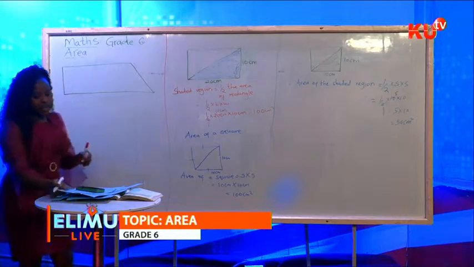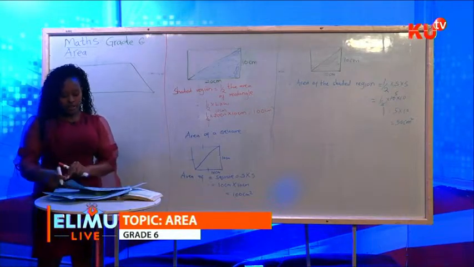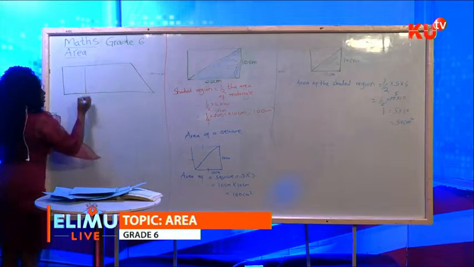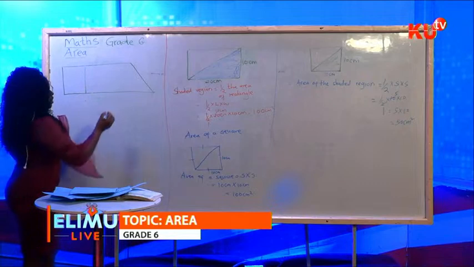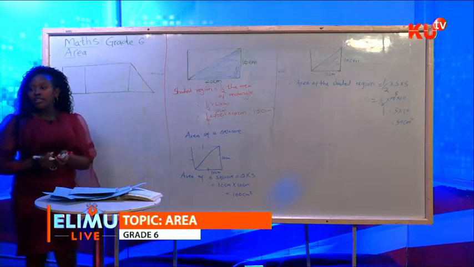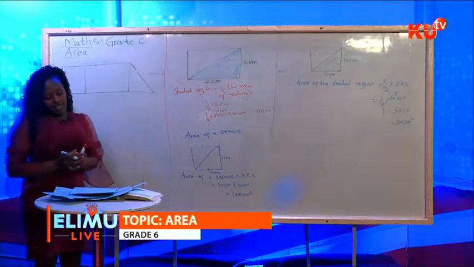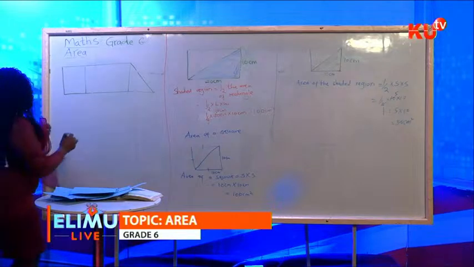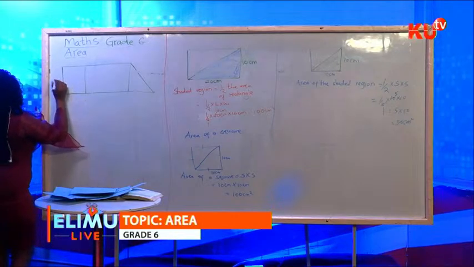We have that figure, and then we have got here a diagram drawn like that, and we have got another one like that, and then we are given some measurements and some others are not given for us. For example, here it is written 2 centimeter.